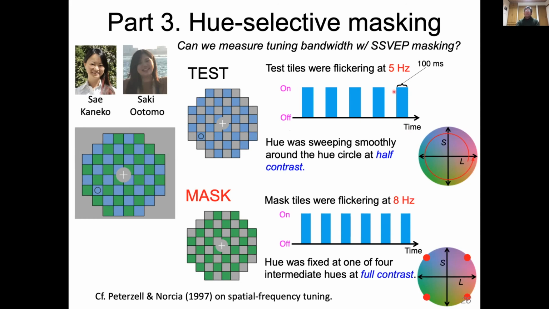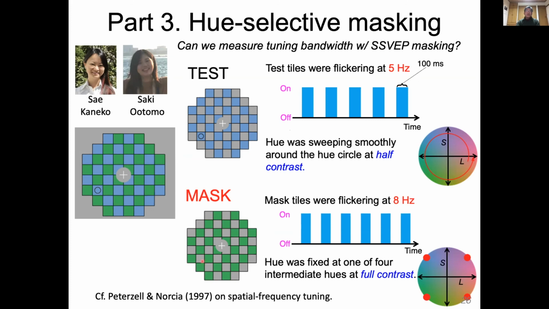The test stimulus was flickered at 5 Hertz, and the mask stimulus stayed at one of four hues during one trial, but flickered at 8 Hertz. So if you monitor 5 Hertz and 8 Hertz, you can identify which component of the EEG corresponds to the response to the test and the mask stimulation.